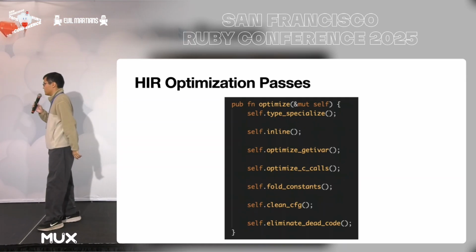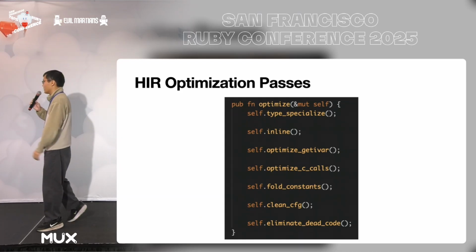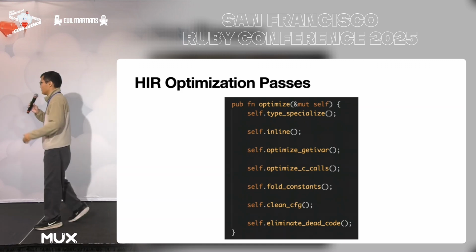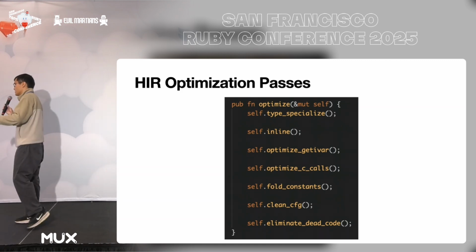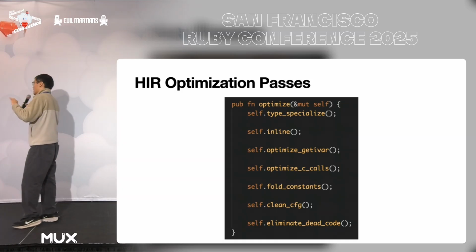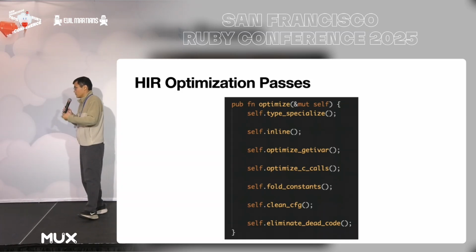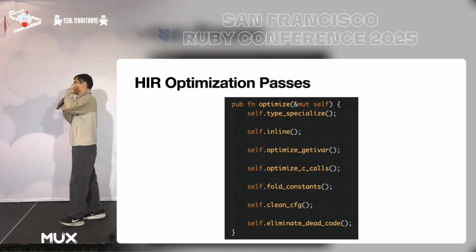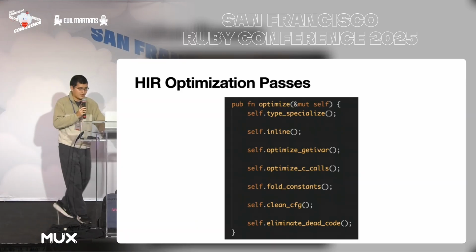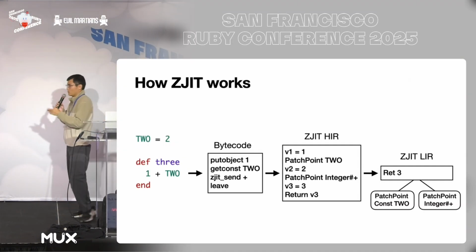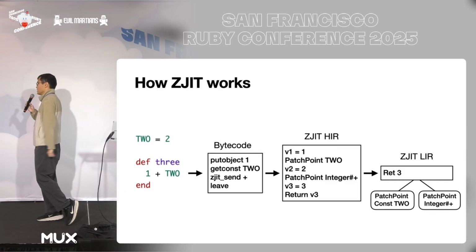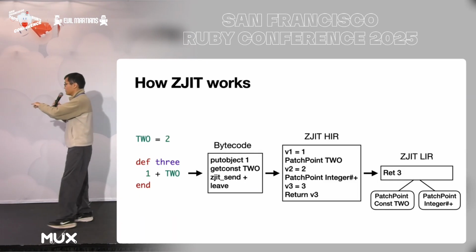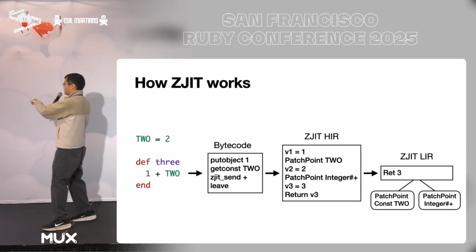And creating CFG is just sort of refactoring of the IR. We just generate smaller blocks, but then to eliminate jumps, we clean up the control flow graph. And then we also eliminate dead code by analyzing the IR. Because every reference is identified by the variable name, like V1, V2, V3, if now nobody references V1 and V2, for example, here V1 and V2 are used by the patch point.